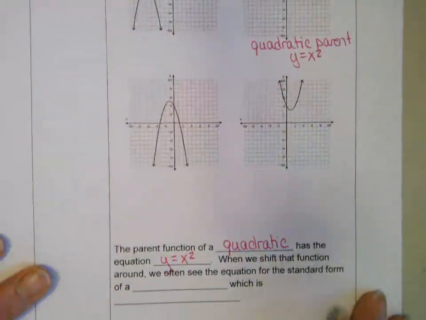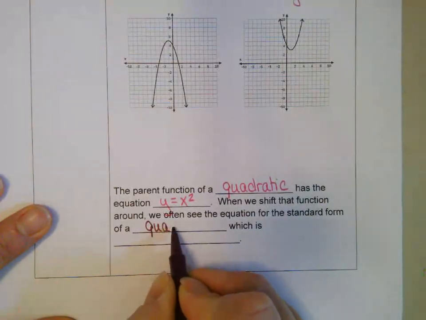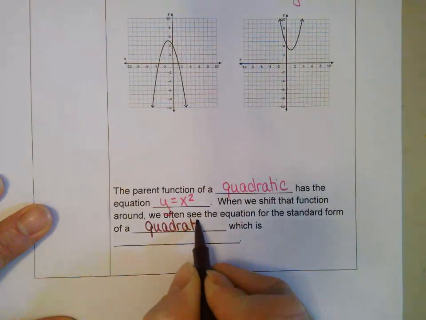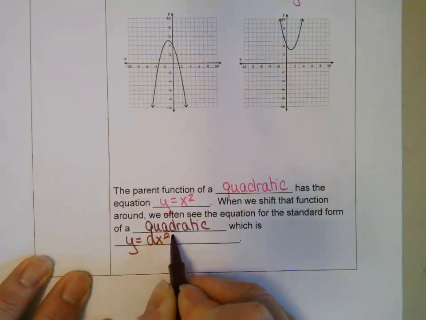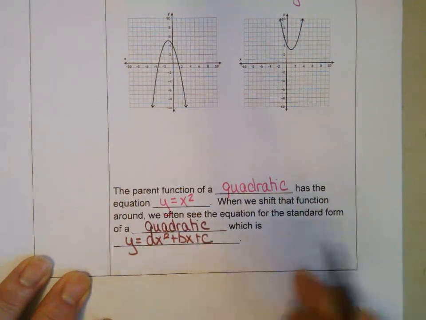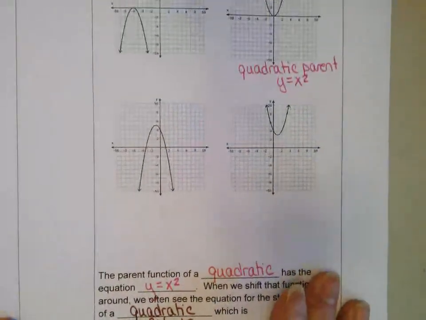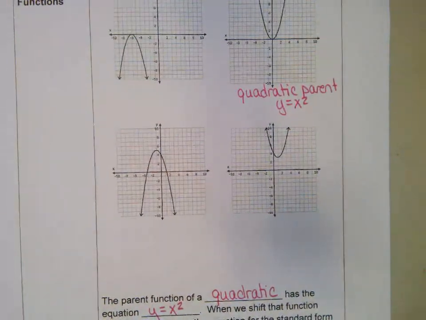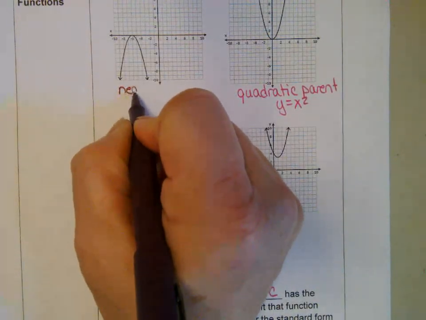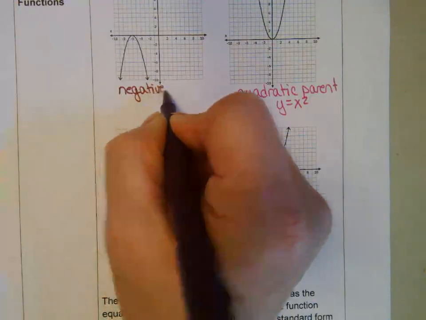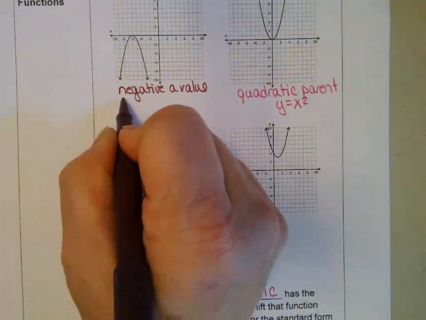So let's talk about the standard form of a quadratic, which is something you learned about in Algebra 1, which is ax squared plus bx plus c. When you negate this a value, you flip it upside down or reflect it in the x-axis. And that is what has happened here. You have a negative a, and we also went left.